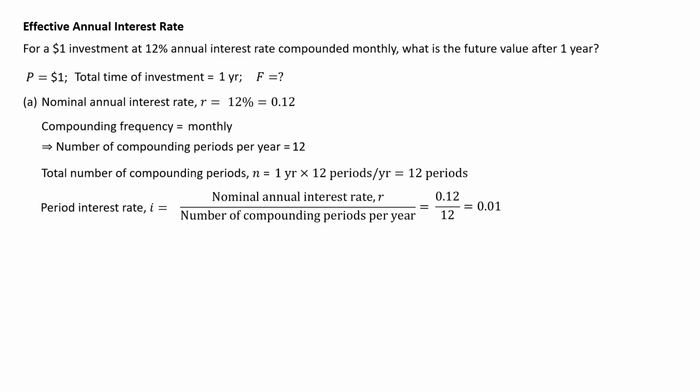Okay. Now we need to find F, right? F is P times 1 plus I to the N. So plug 1 for P, 0.01 for I, and 12 for N. And when you do that, you get 1.1268.